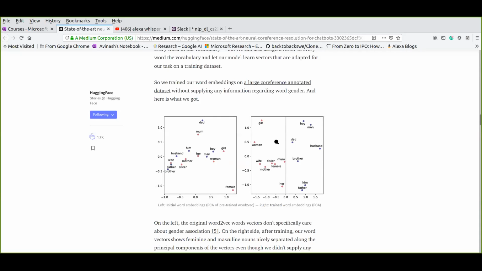Here there is a clear distinction. The words girl, woman, wife, sister, all the words related to female are on one side, and on the other side we have dad, brother, husband, words that refer to the male. These word embeddings are generated using a coreference annotated data set.